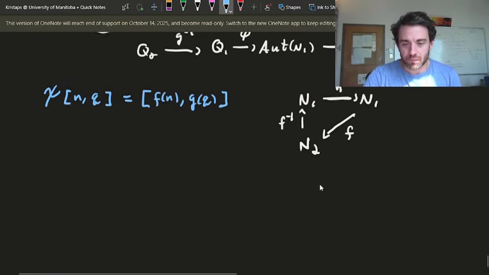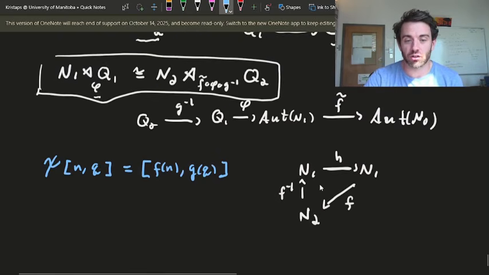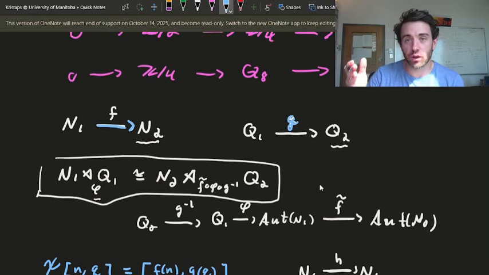Okay. So I will maybe leave it as an exercise for you, again, to show that this is a surjection. And we already know, if F is an isomorphism and G is an isomorphism, then N1 and N2 have the same order, Q1 and Q2 have the same order.